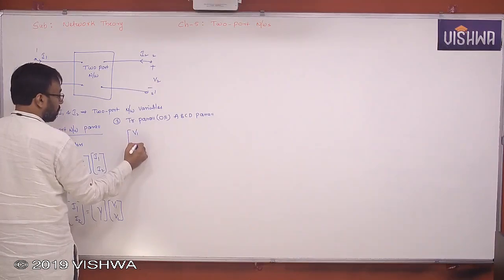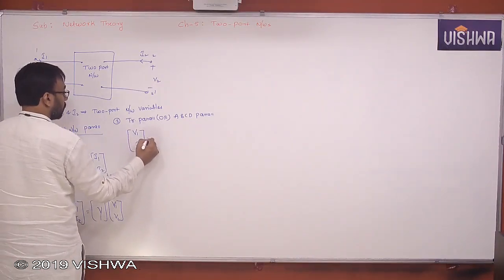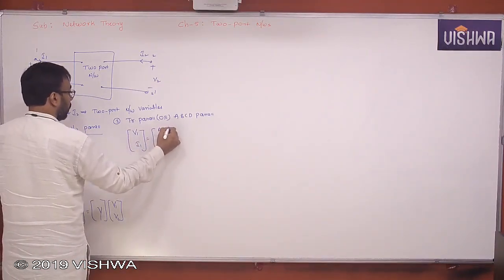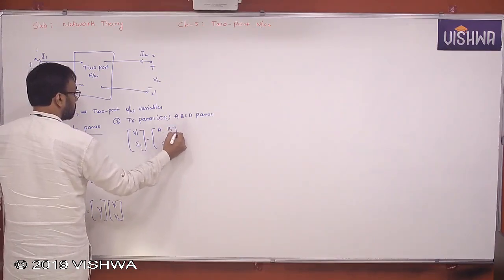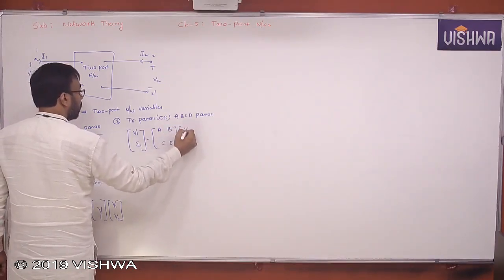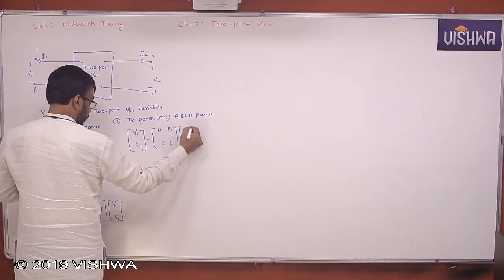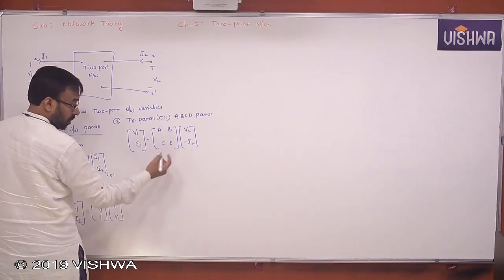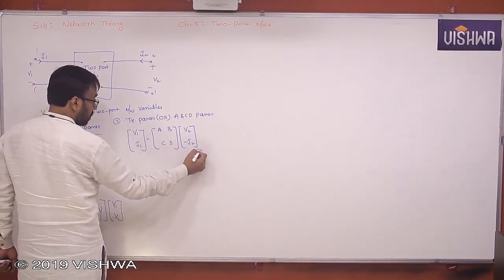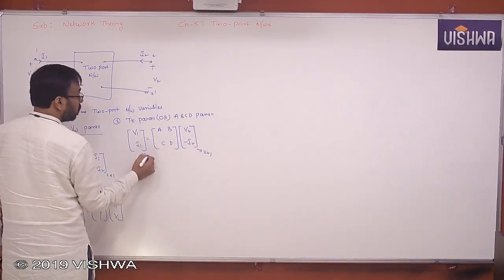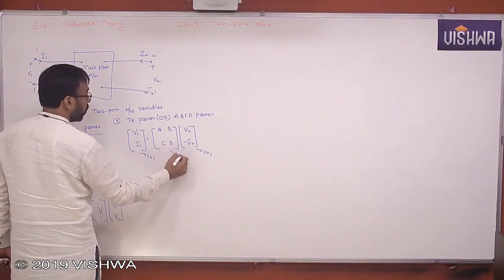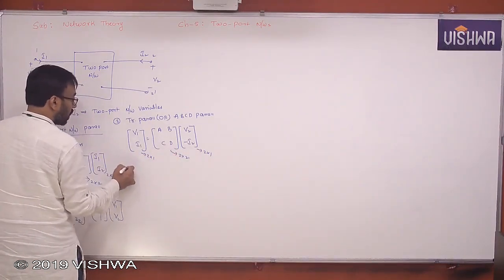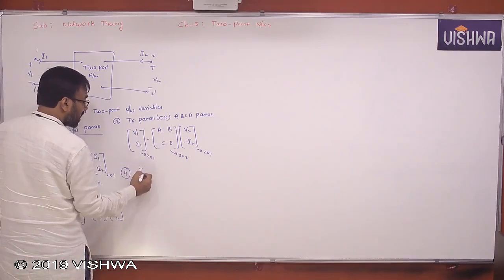V1, I1 equals the ABCD matrix times V2, minus I2. Again, look at this, it is 2 by 1 and this is also 2 by 1, so this will definitely be a 2 by 2 matrix. The fourth one is inverse transmission parameters.